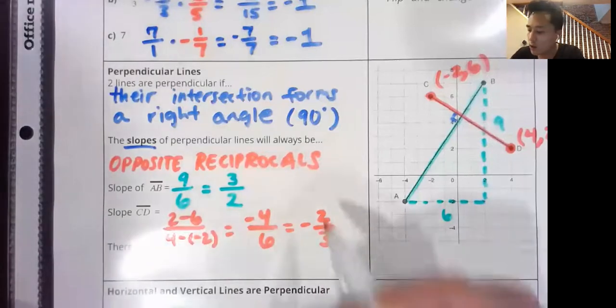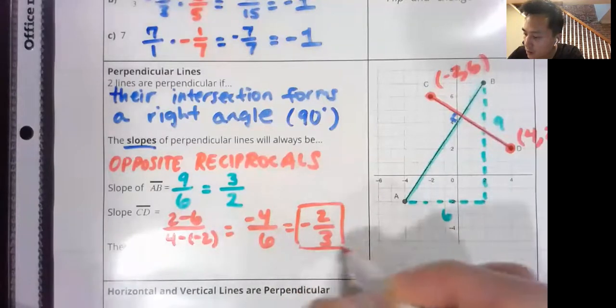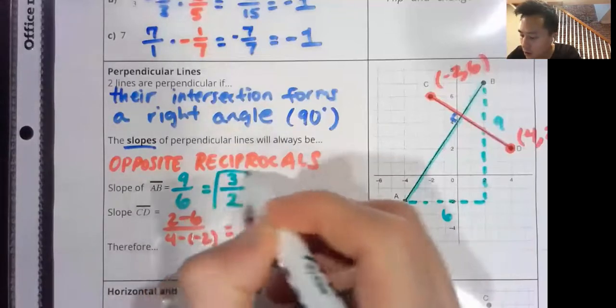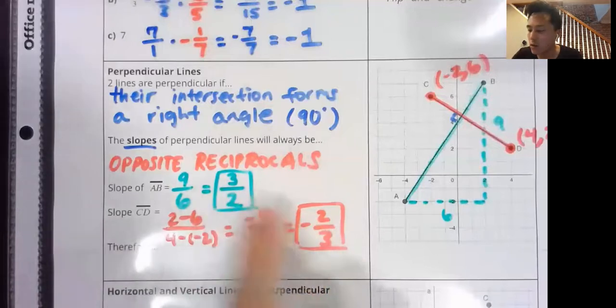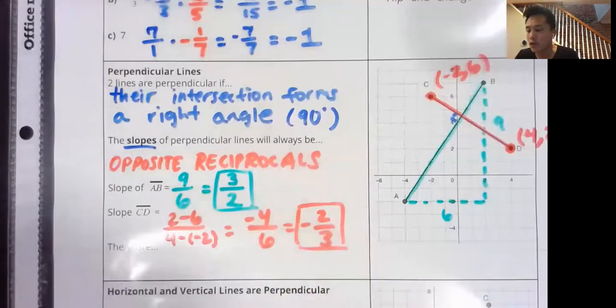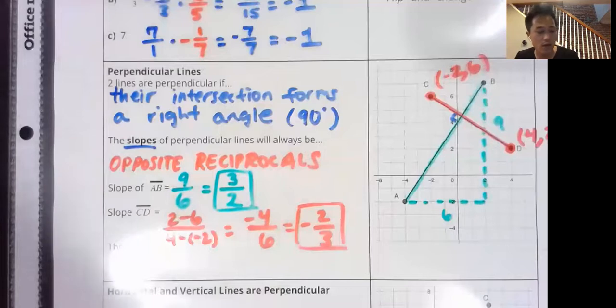So now my two slopes of the lines are -2/3 and +3/2. Notice that these two numbers are similar, except one is just taking the numerator and the denominator, flipping it, and switching the sign. So these two numbers are opposite reciprocals.